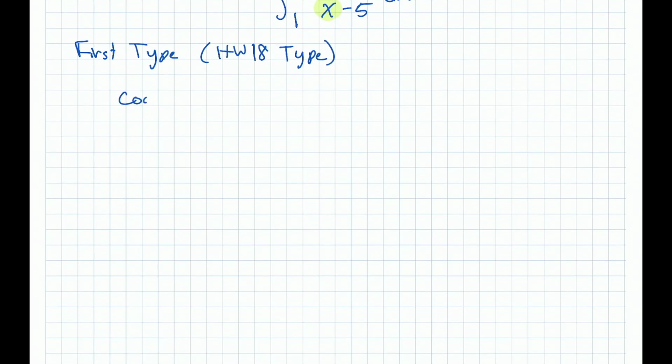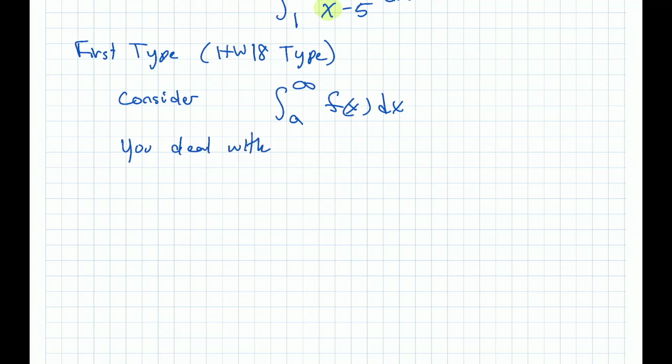So consider the integral from a to infinity of f of x dx. The way you deal with the infinity is with a limit. You deal with the infinity formally by rewriting it as a limit.